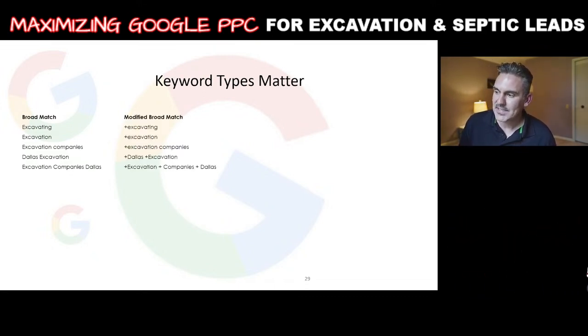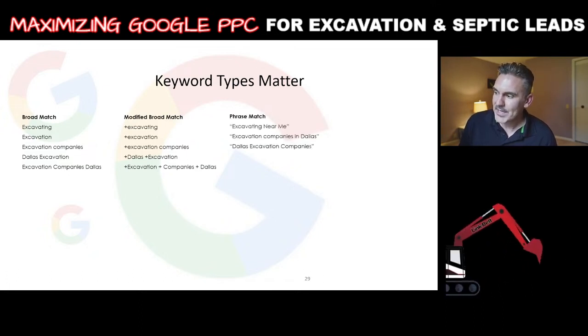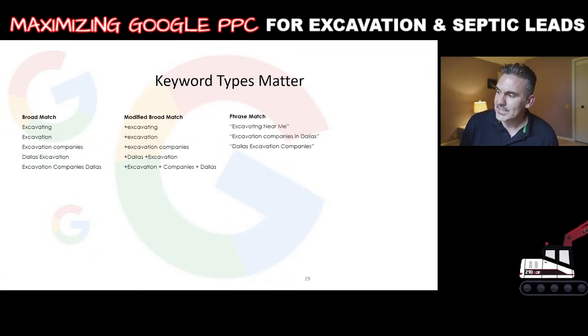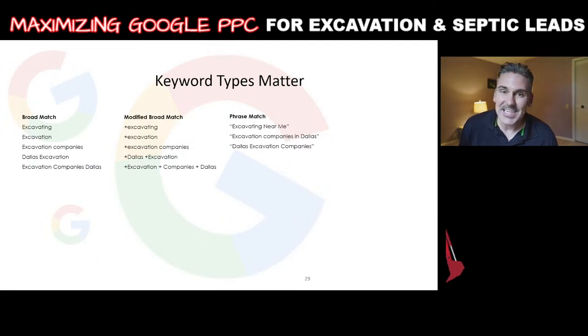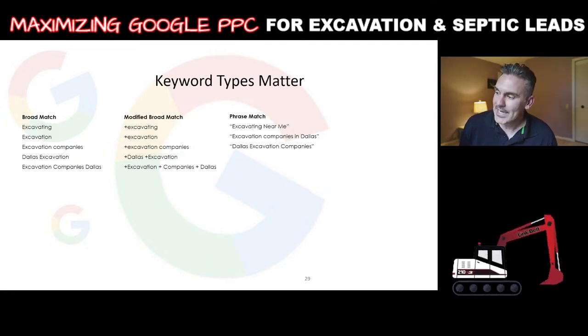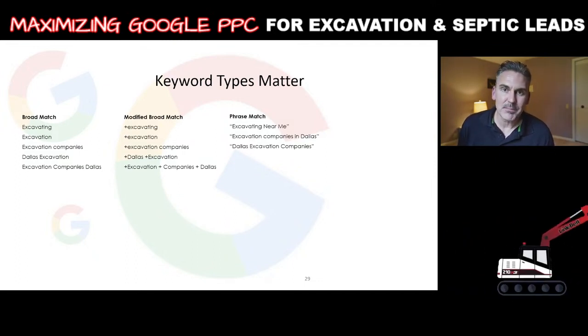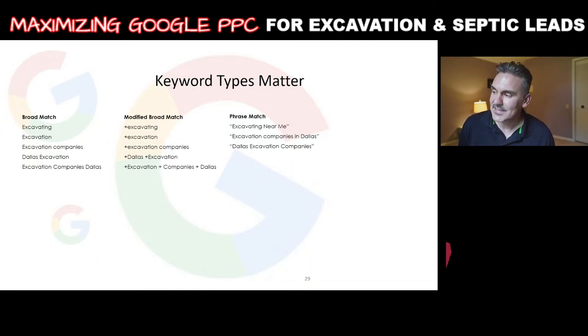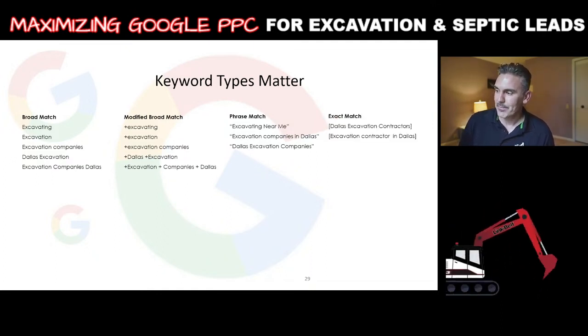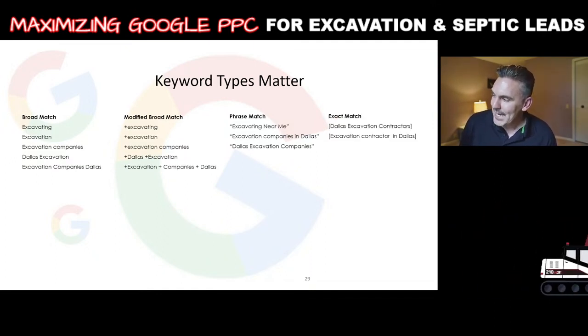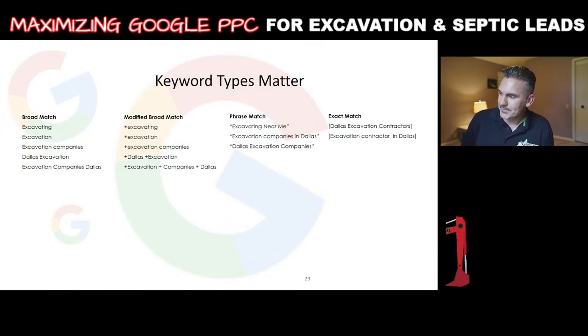Here's an example of modified broad match. You put a plus sign in front of it. Phrase match means someone needs to type in that exact phrase for your ad to appear. We see in quotes, excavating near me. The only way that your ad can pop up is if someone types in that exact phrase. An exact match would be like this.